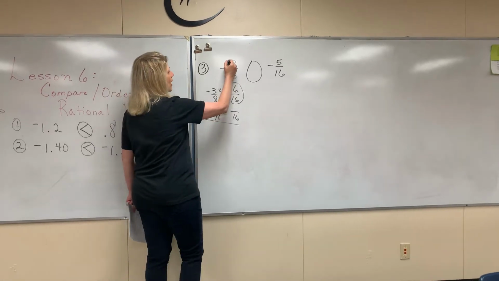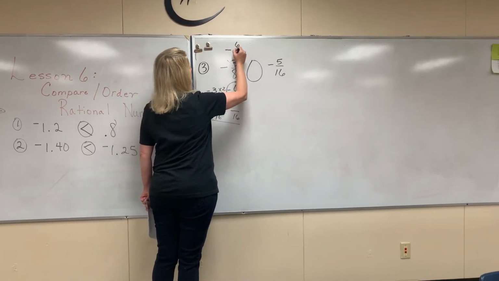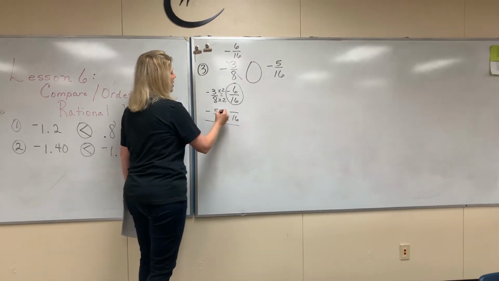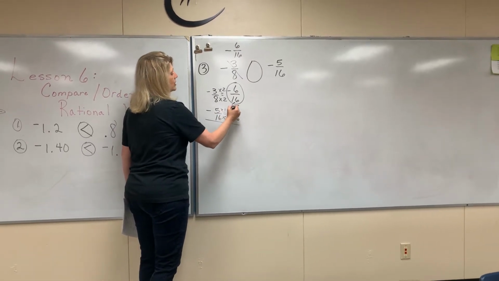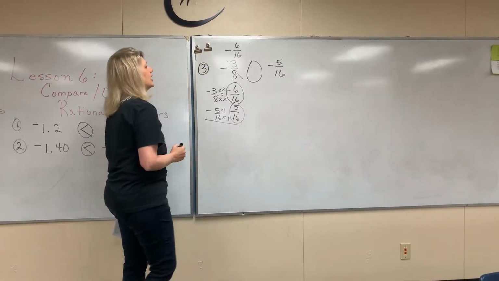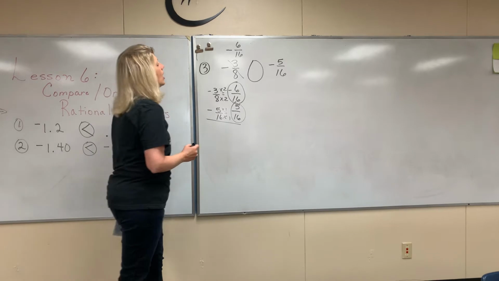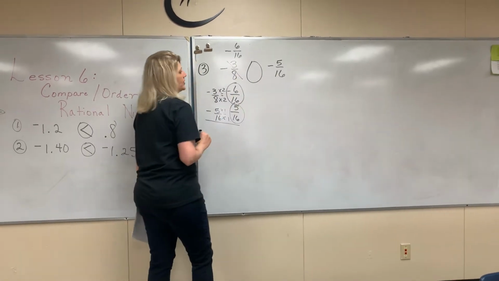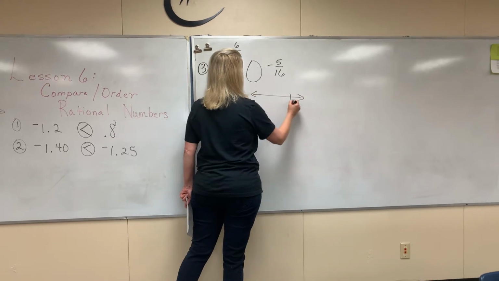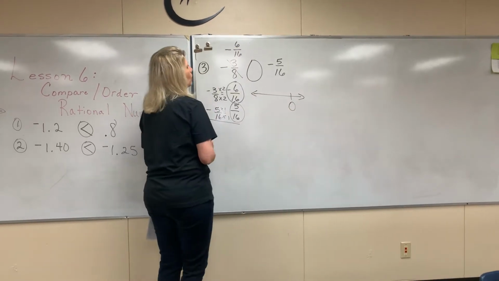His new name now is a negative 6 over 16. Okay, 16 times 1, 5 times 1, which is 5 over 16. A negative 5 over 16. So that one did not change. But at least now they both have the same denominator. So when I draw my number line, I'm able to put those on the number line correctly.